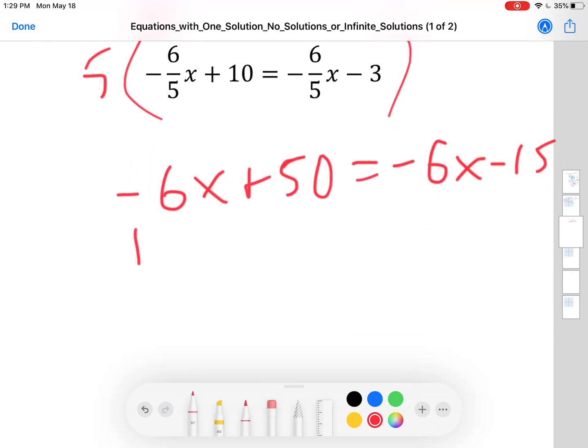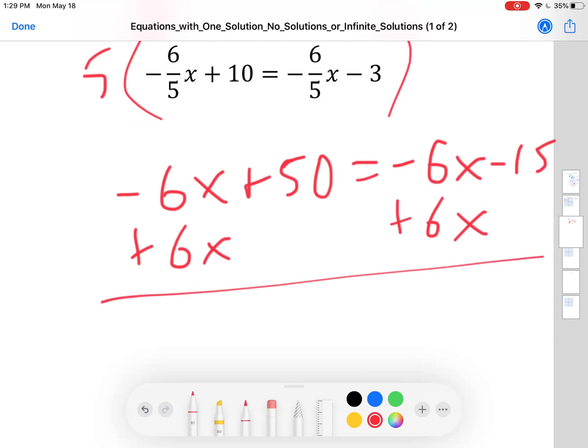Okay, let's add 6x to both sides. All right, so these two cancel, leaving 50. These two cancel, leaving negative 15. I don't have any x's left. So all I'm left with is 50 is equal to negative 15. 50 doesn't equal negative 15.